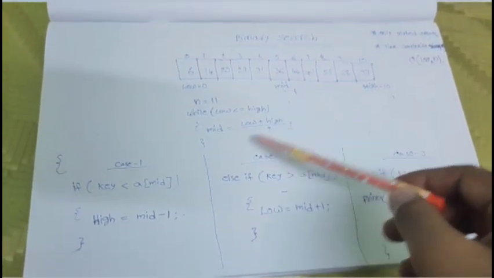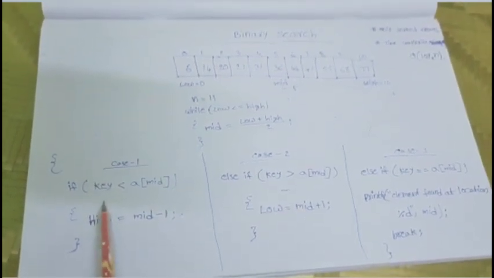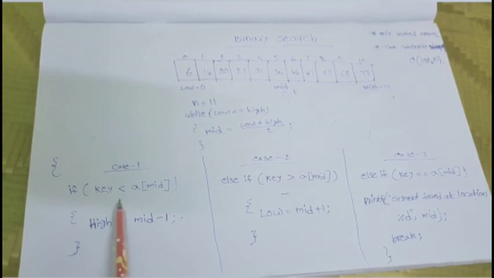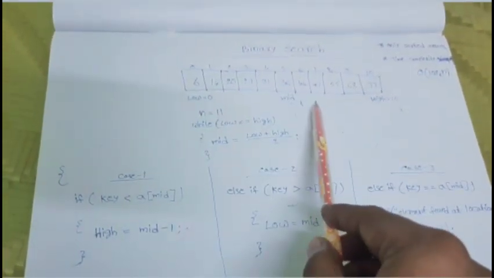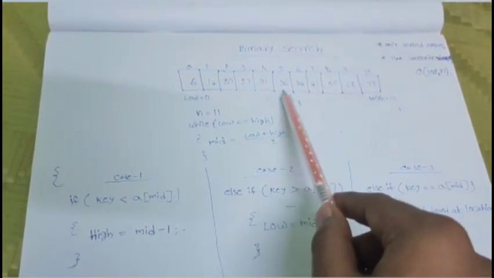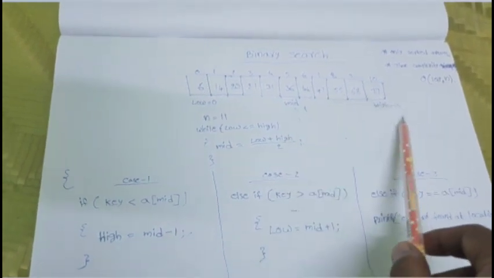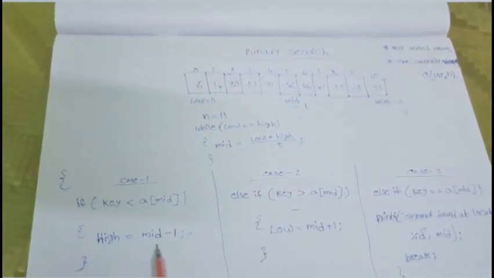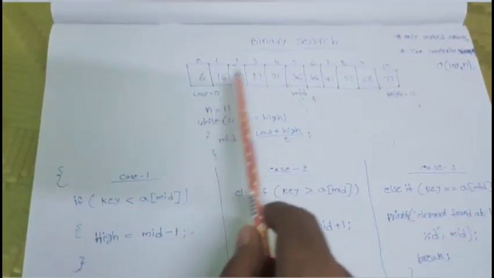So if our required element key is present from low to mid, means if the key is less than A of mid, we will change the high index as mid minus 1, means we will search from here to here.